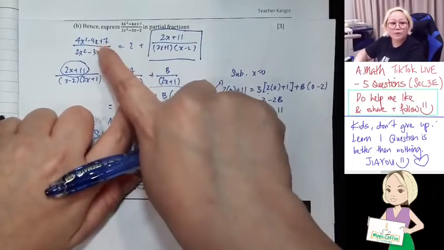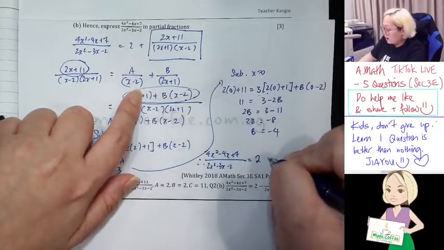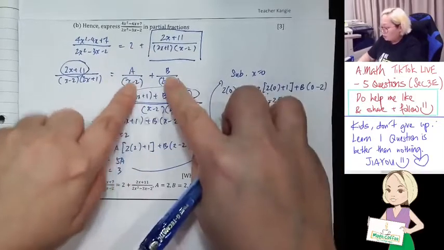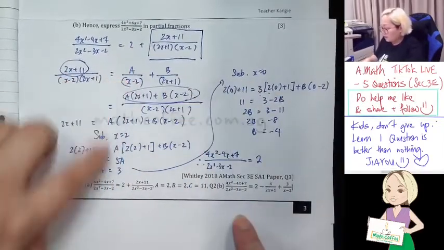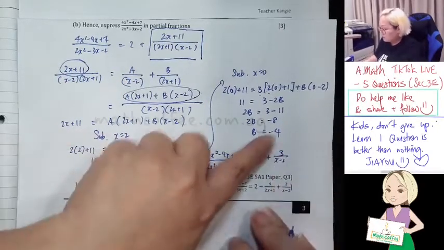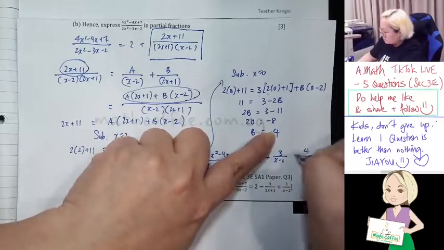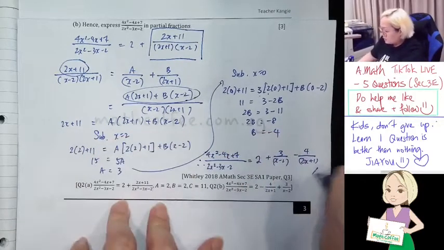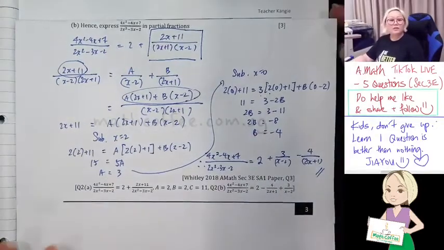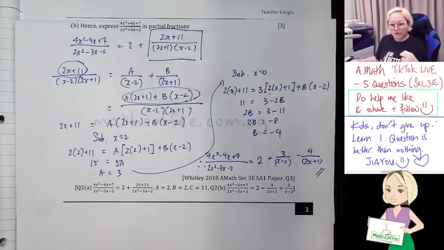But now I want to present this, so please remember to write the 2. So it's 2, A over x minus 2. My A is 3. So it becomes 2 plus 3 over x minus 2 minus 4 over 2x plus 1. And we are done. So this is how we express them in partial fractions.